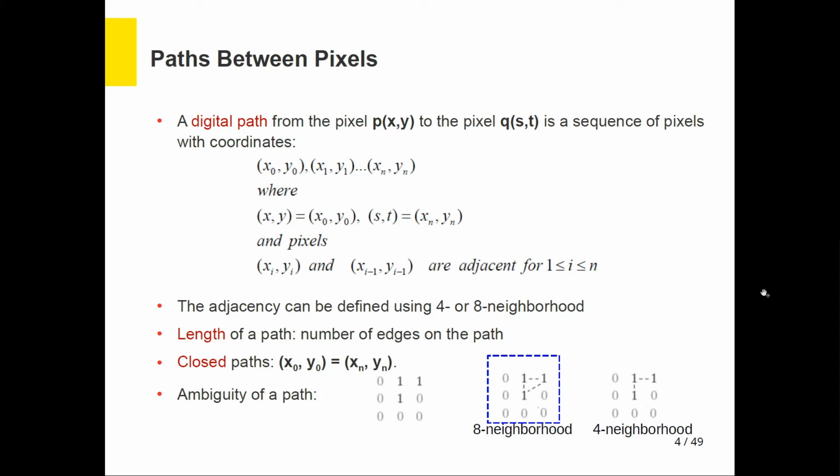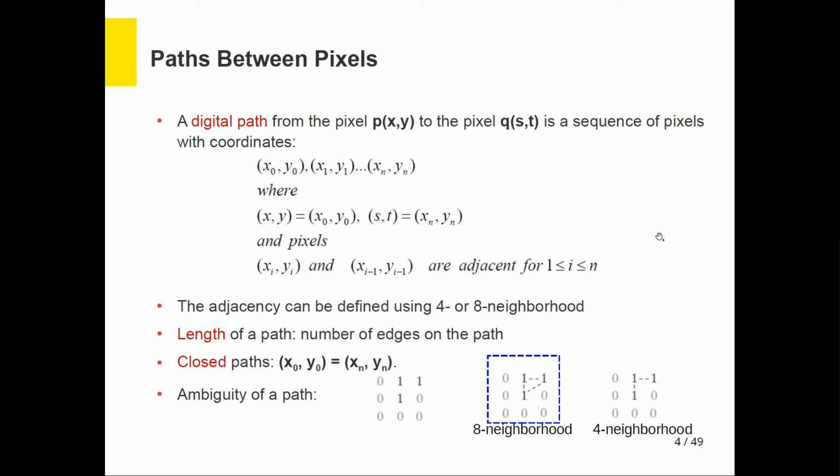Based on these definitions, we can define the concept of a digital path. A digital path from pixel p in location (x, y) to pixel q in location (s, t) is a sequence of pixels with coordinates (x0, y0), (x1, y1) all the way to (xn, yn), for which the first set of coordinates is the coordinate of pixel p and the last set of coordinates is the coordinates of pixel q, and all the pixels in between are adjacent for i between 1 and n.